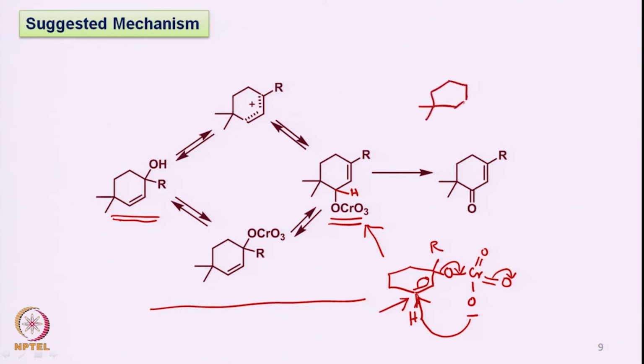Suppose you leave it as it is, then you have O, Cr, Cr and O, O, O, and you have a hydrogen here. This will undergo oxidation, and you will be left with the corresponding ketone, where there is a double bond of course, and the R group.